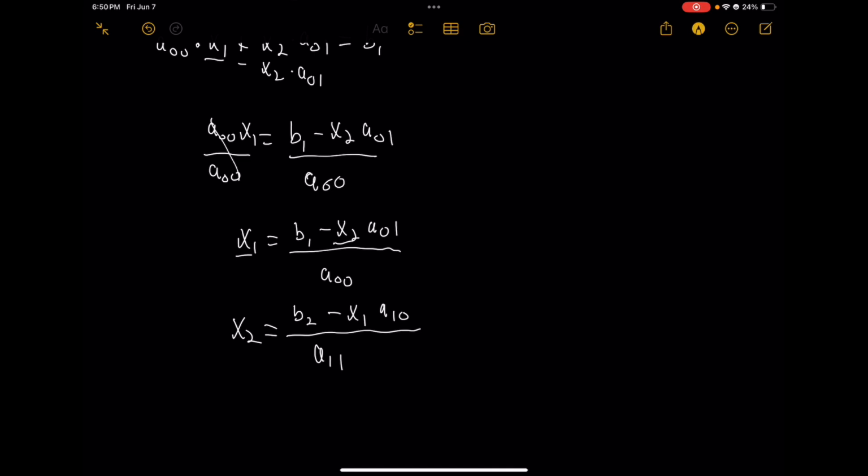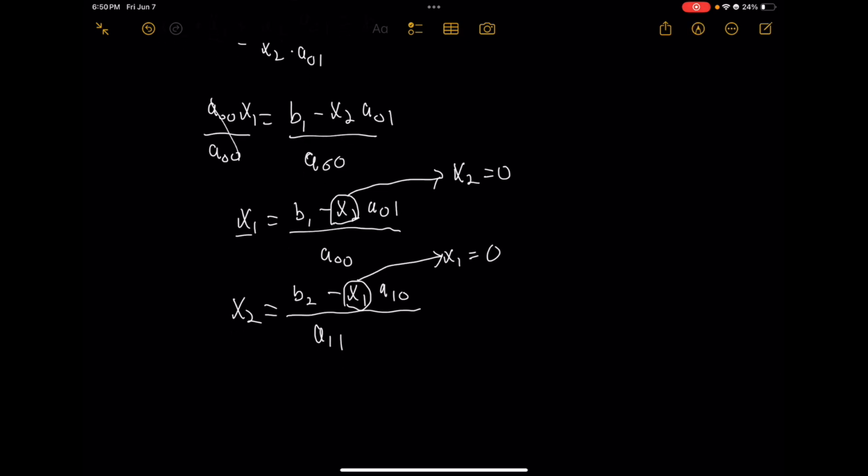What the Jacobian method says is, let's guess, or let's initialize x2 equals 0, and also in this equation initialize x1 equals 0, and then solve this, because theoretically we should know all the values of A. So we solve assuming x2 equals 0, and once we solve for that, we do it again.